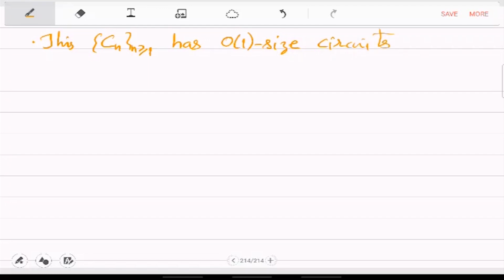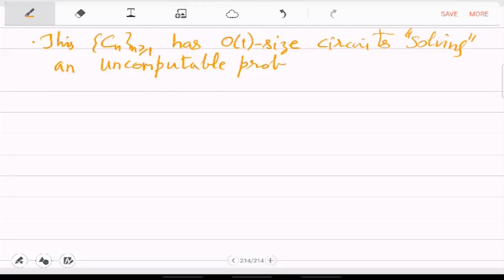So, this has constant size circuits solving an uncomputable problem. That shows you the power of non-uniformity. This is the power of non-uniformity.